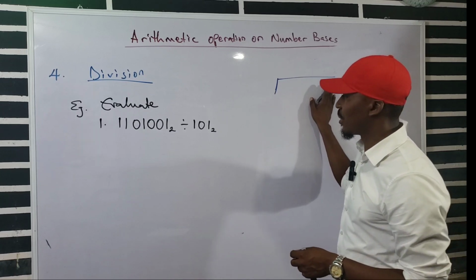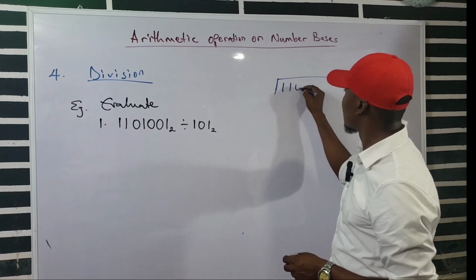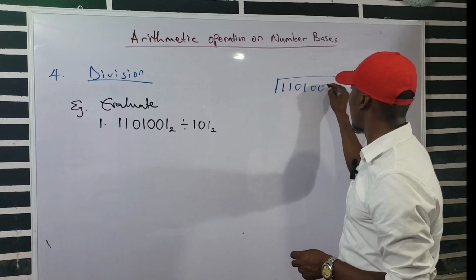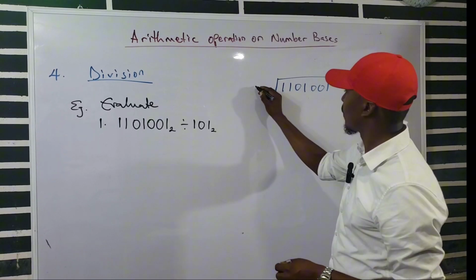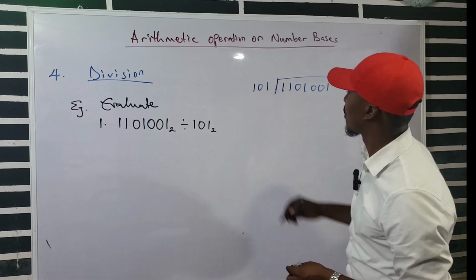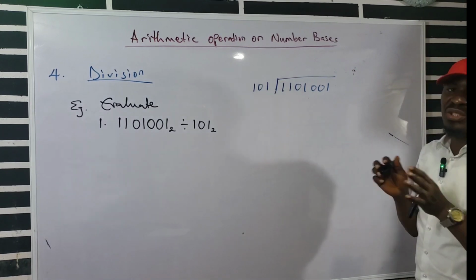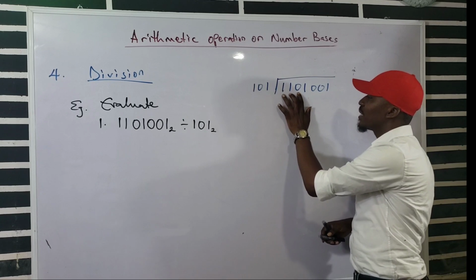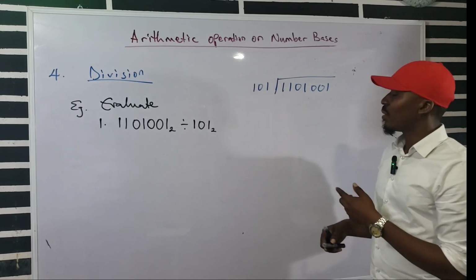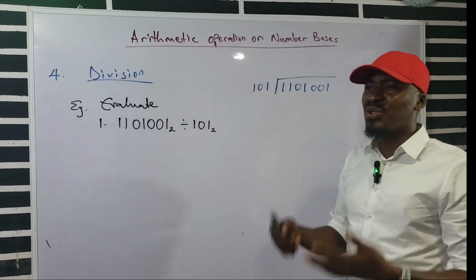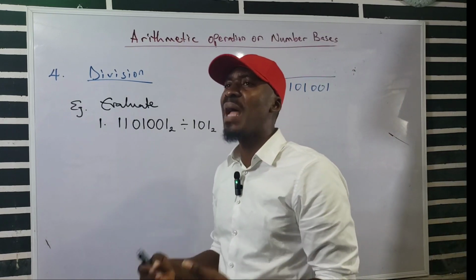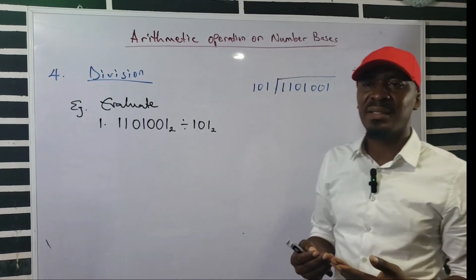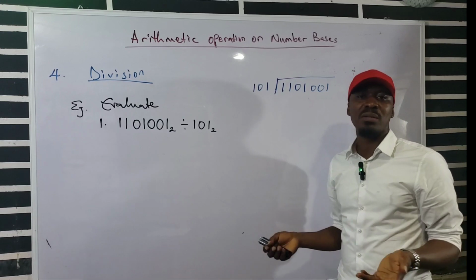that I'm using, long division now. So that will give us 1, 1, 0, 1, 0, 0, 1, then dividing by 1, 0, 1. Okay. Now, what we do in base 2 is to compare the number of digits, which one is bigger. Anytime a number in base 2 is divided by another number, if that number is bigger than the divisor, it's going to give you 1.